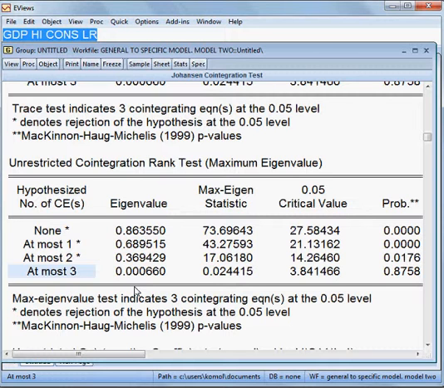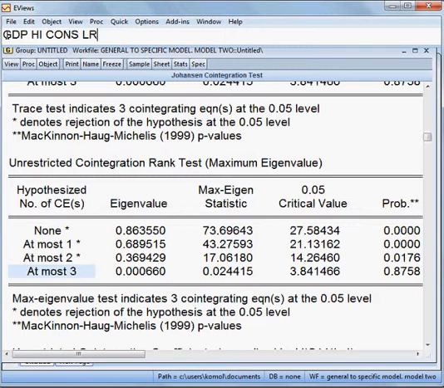That means the variables are co-integrated, meaning they have a long run association, or a common trend, meaning they are moving in the same direction in the long run. GDP, housing investment, cons, and the lending rate are moving in the same direction in the long run.